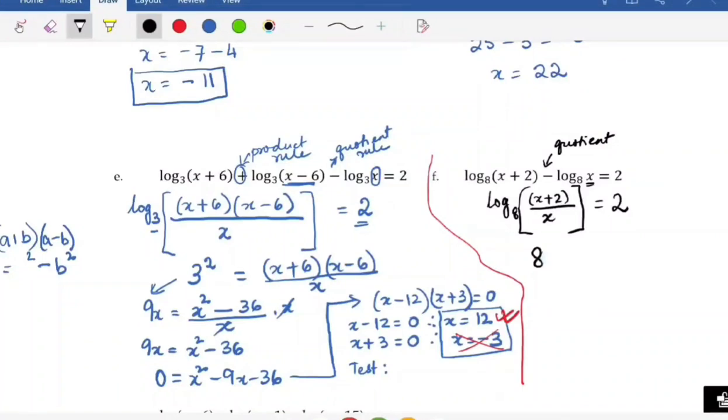And this 2 on the right-hand side of the equation is going to become the exponent of 8. And this entire expression, x plus 2 divided by x, is going to go on the right-hand side of the equation. Okay, so 8 squared is 64. And then we have on the right-hand side x plus 2 divided by x.